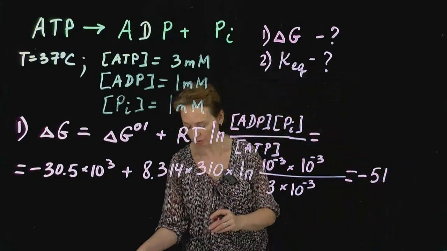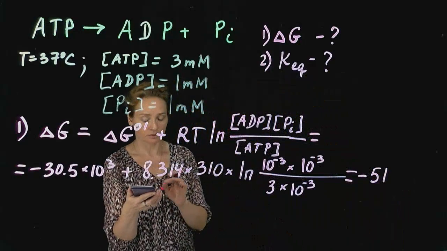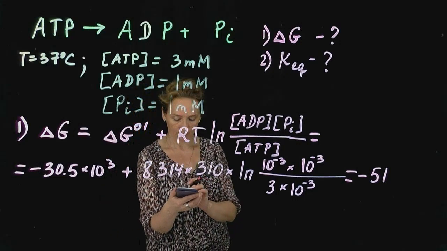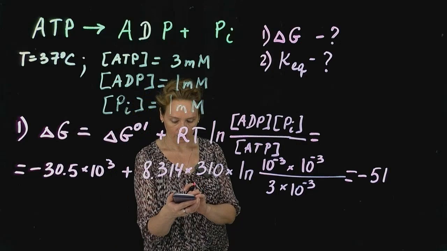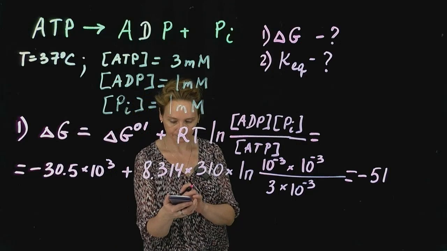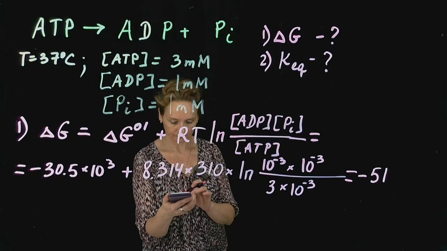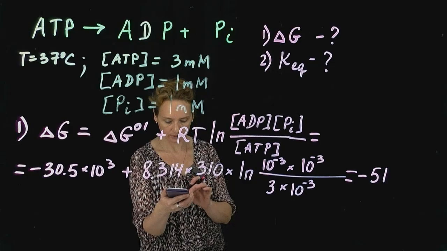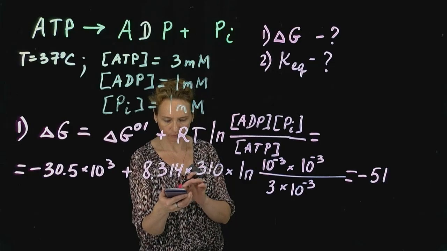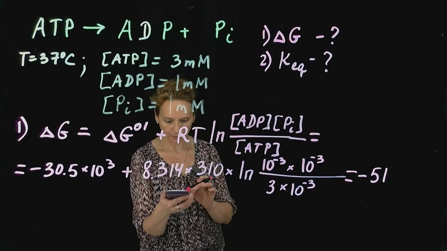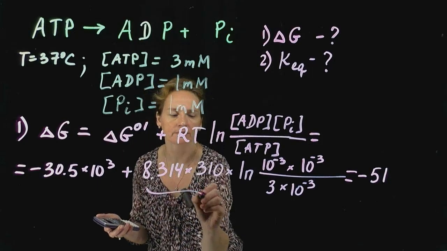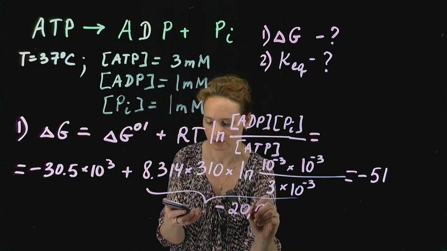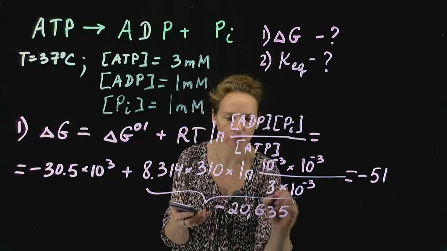Actually, let me calculate, because I have the answer in kilojoule per mole, so I'm going to recalculate. The logarithm of the ratio multiplied by 8.314 multiplied by 310. And so this term itself is going to be equal to minus 20,635 joule per mole.